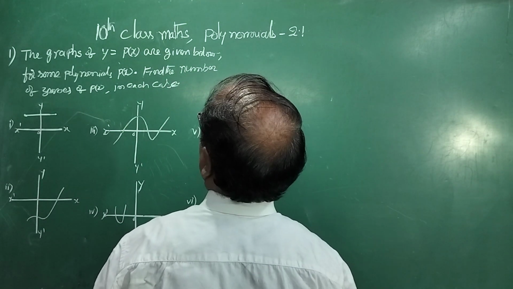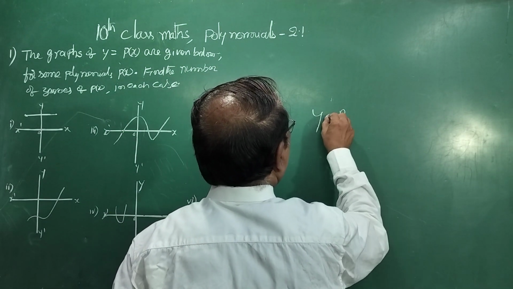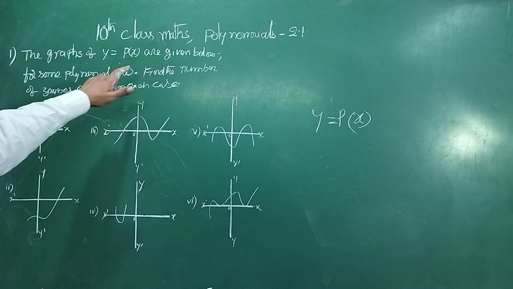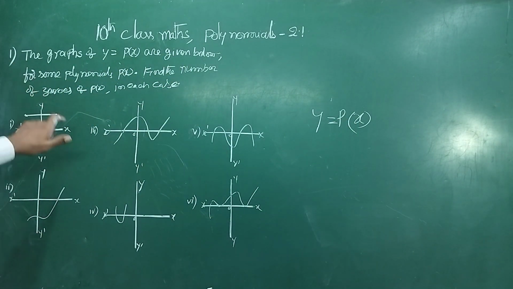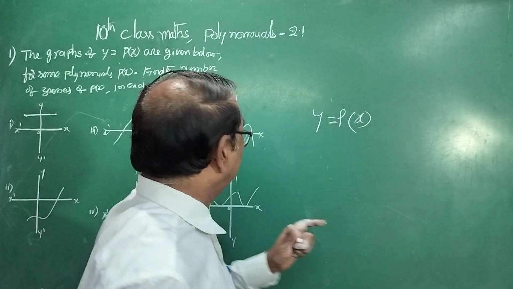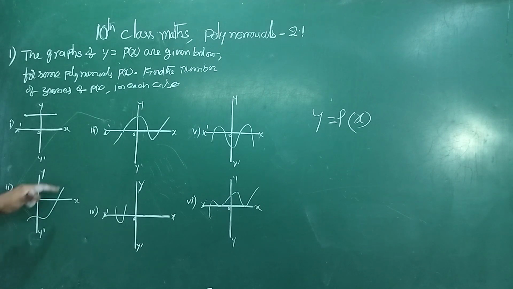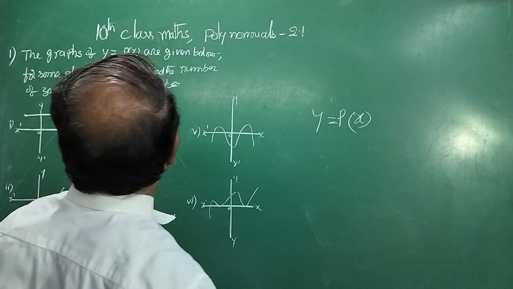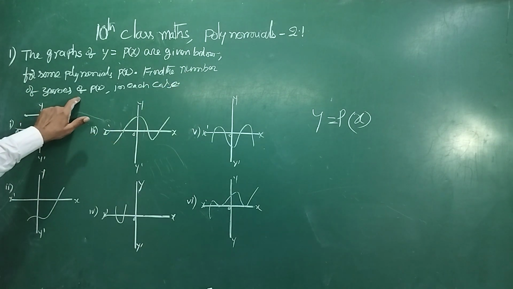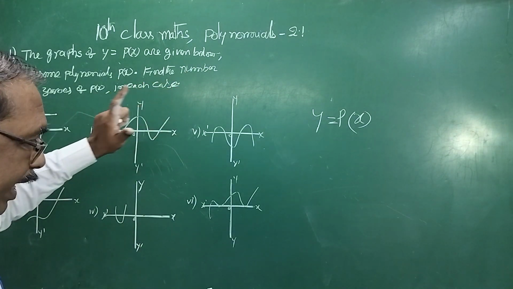First of all, you see y is equal to p of x are given below. These are the tables. We have y is equal to p of x. As per the tables, we draw the graphs on the graph paper for p of x. Find the number of zeros of p of x in each case.